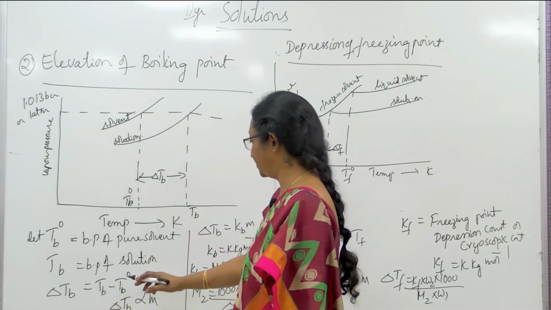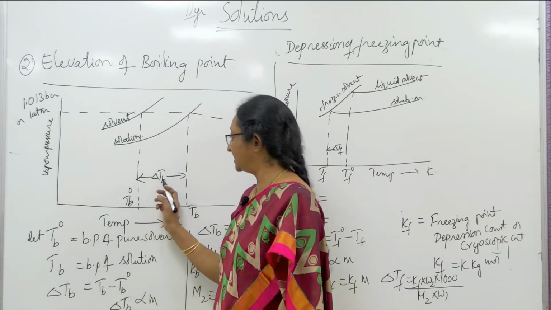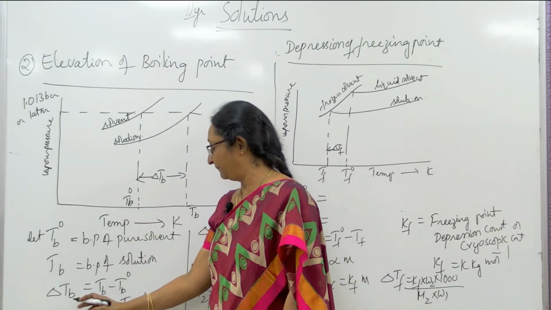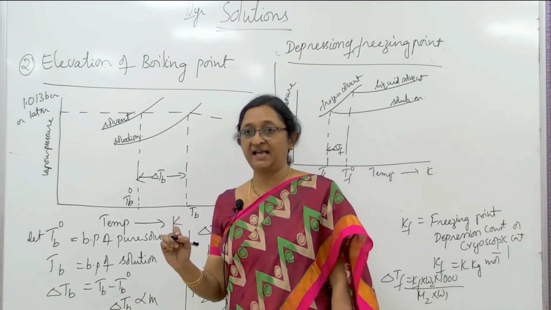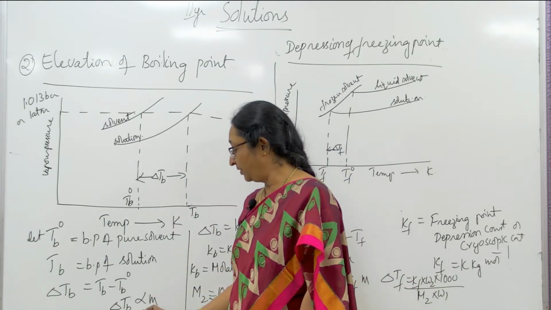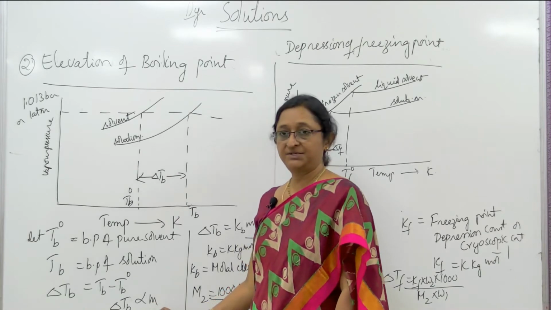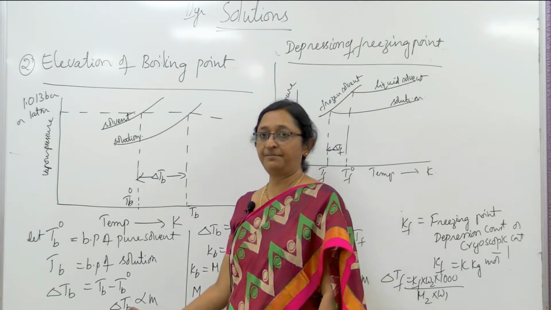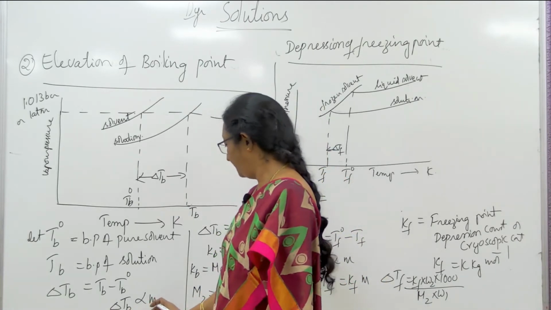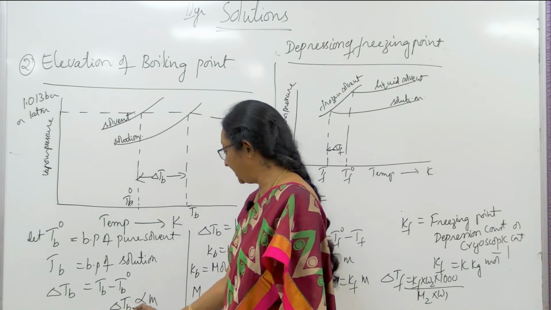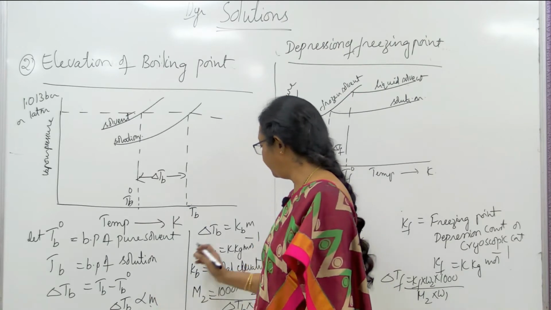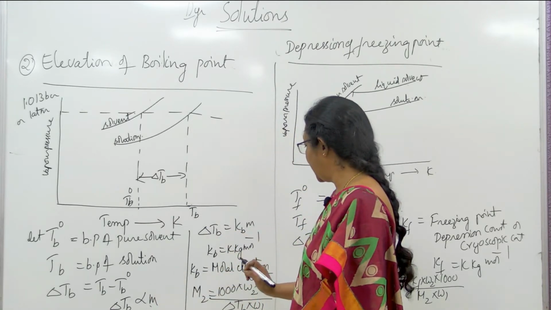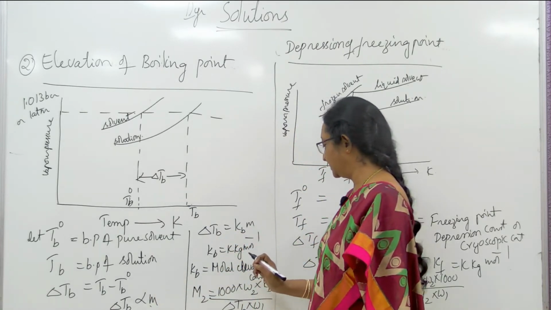You see there is an increase in the temperature. So, the boiling point of this solution is greater than the boiling point of the pure solvent. The difference between the boiling point of the solution containing non-volatile solute and the boiling point of the pure solvent is called the elevation of boiling point, that is delta TB.